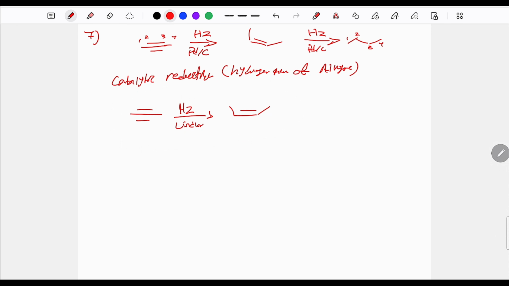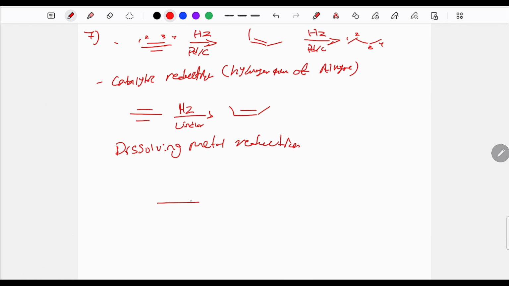So this reaction, and I'm going to group all of these together in number 7, is called dissolving metal reduction. Dissolving metal reduction is a radical mechanism. So it occurs stepwise via a radical anion and carbanion, and it has anti-addition occur.